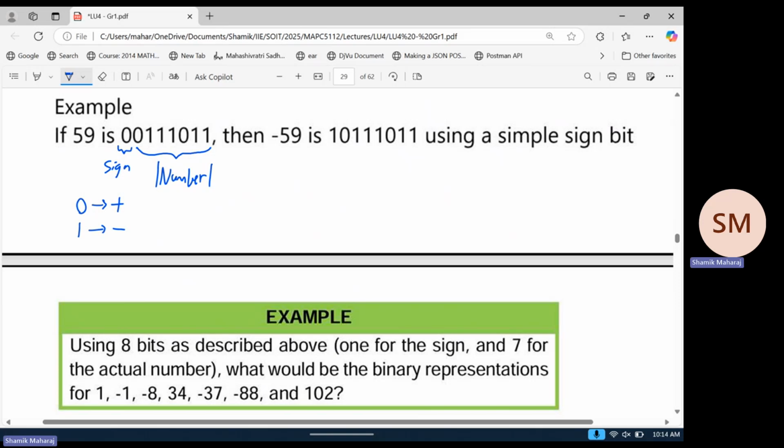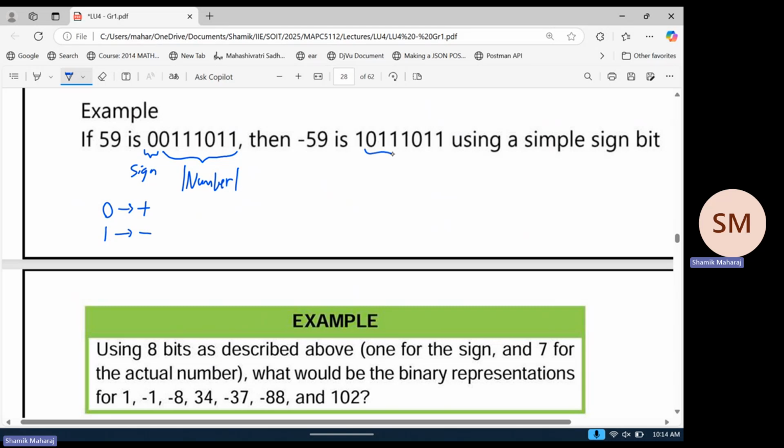So if we're to represent negative 59, for example, which is right here to the right of this number, we notice that these 7 bits are exactly the same as they are in the first example. That just represents the magnitude of the number, which in this case is just 59.